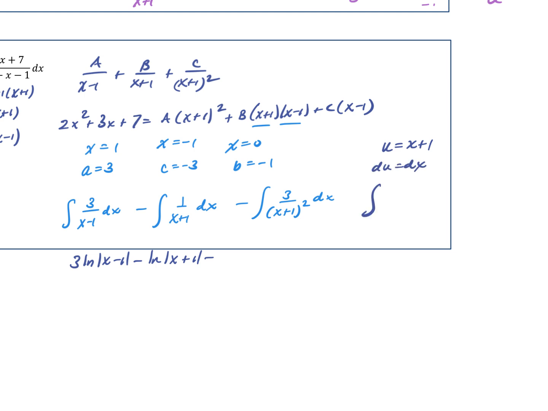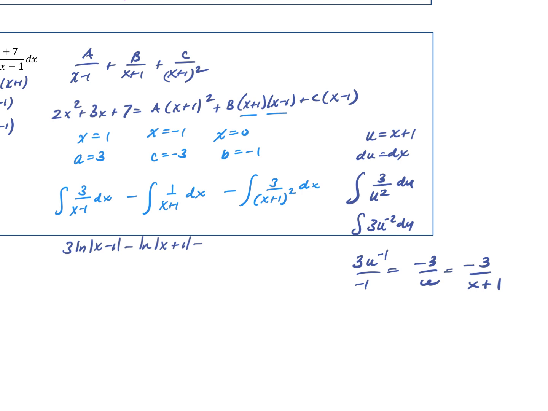So it's integral of 3 over u squared du. So it's the integral of 3u to the -2 du, 3u to the -1 over -1, which is -3 over u, which is -3 over x plus 1. All right, so the double negative makes this become positive, and then 3 over x plus 1 plus c.